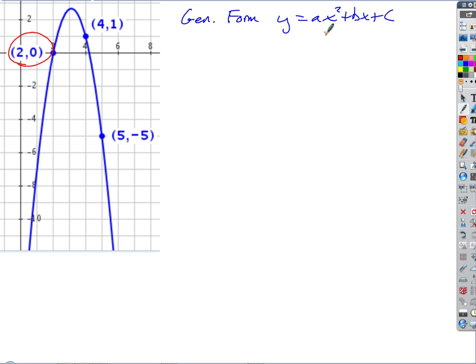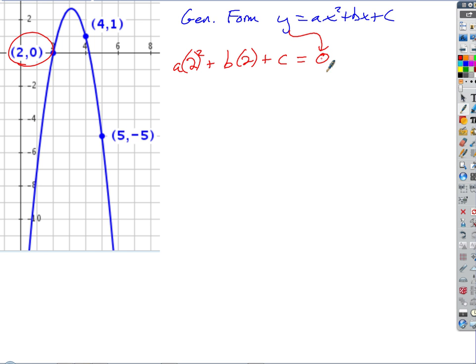Well, a times x squared, x is 2, right? So 2 squared times a plus b times x times 2 plus c equals y. And y is equal in that first point to 0.